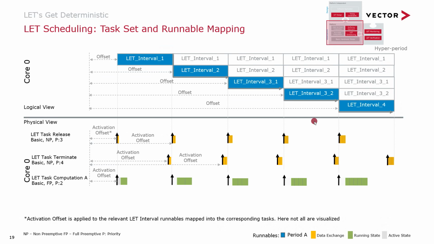The next point is we need to ensure also the right activation of computation runnables, meaning the runnables that were assigned to the LET intervals. For this one, we will map those runnables to a dedicated task, which can be fully preempted and is of type basic task.